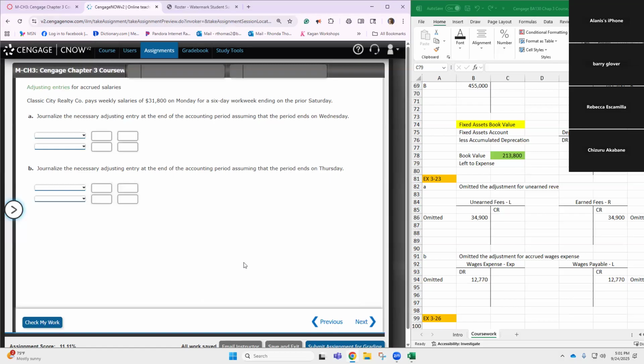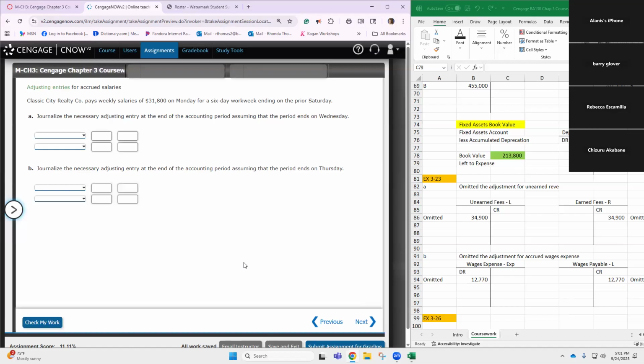All right, so we have weekly payroll that equals $31,800. Write down the amount that yours is shown. And this is for a 6-day work week that ends on the prior Saturday. Well, I don't know about you guys, but I've got to see pictures, right? So let's see, Monday, Tuesday, Wednesday, Thursday, Friday, Saturday. That's 6 days that we work.